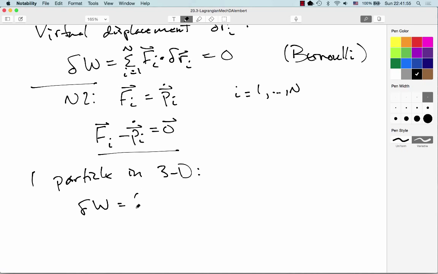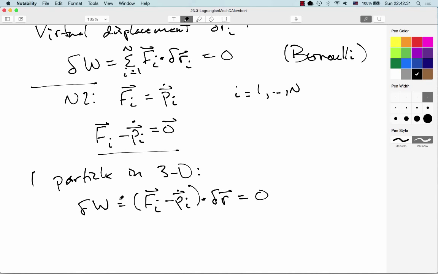In Dalembert's framework, here are the forces acting on this particle: you've got the external forces, and then you have the inertial forces, which we would call fictitious, but the particle would say are not fictitious. Then we dot that into our virtual displacement dr, or delta r. And because to the particle it's in equilibrium, it would demand that the virtual work be 0.